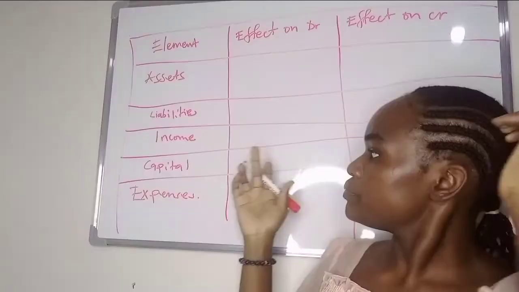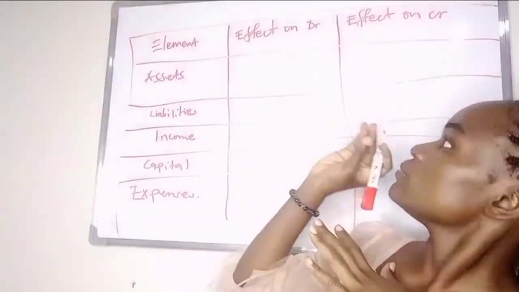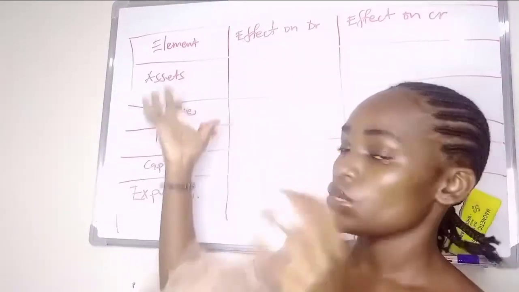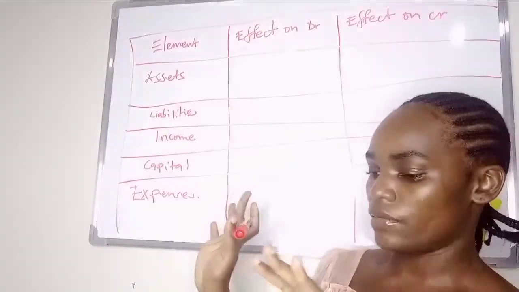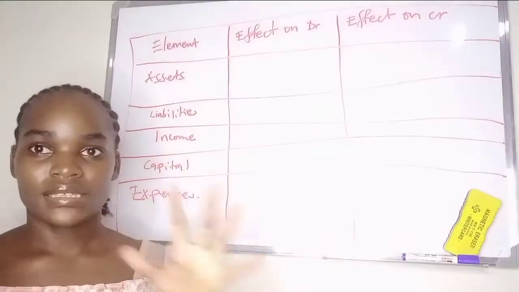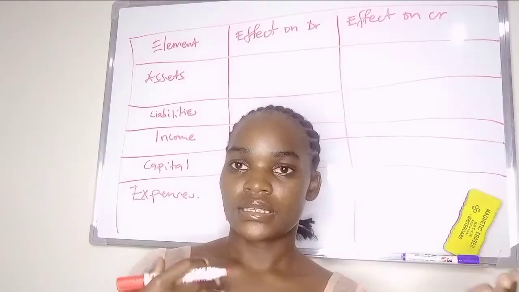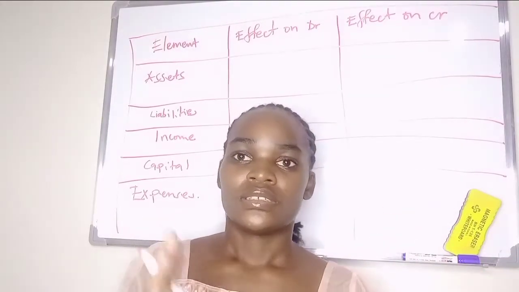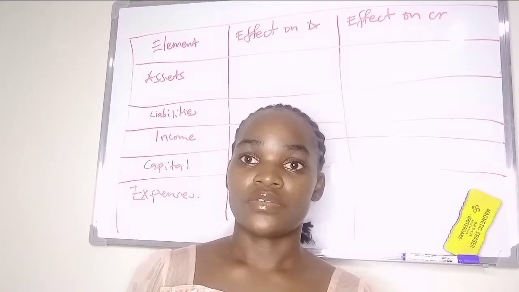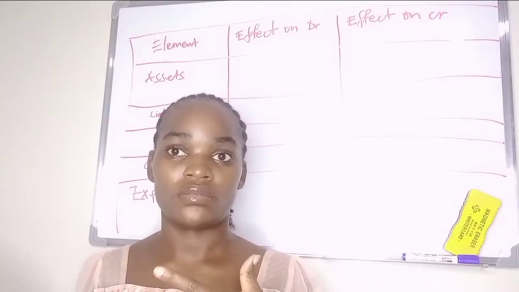Let's look at their effects on the debit and then on the credit side. So we have our elements here, the 5. We start with assets. When assets are increasing, we debit. If receivables are increasing, you debit the receivables account.